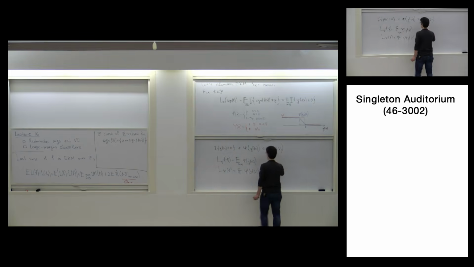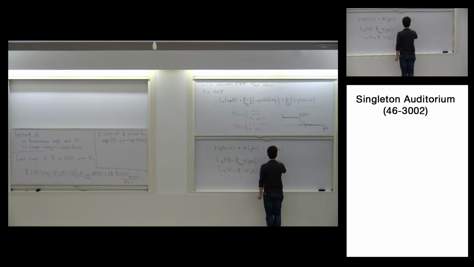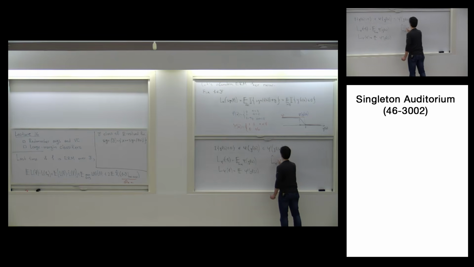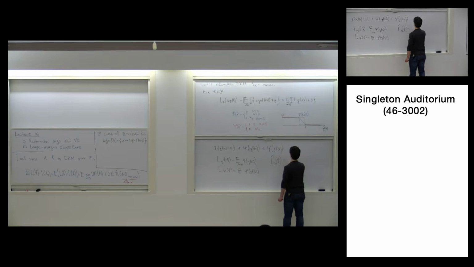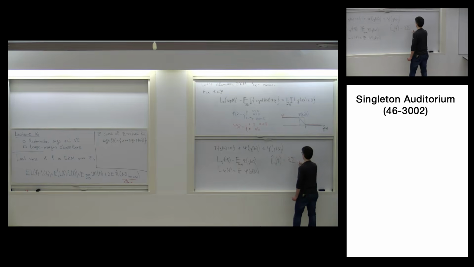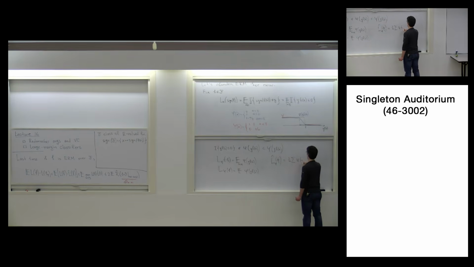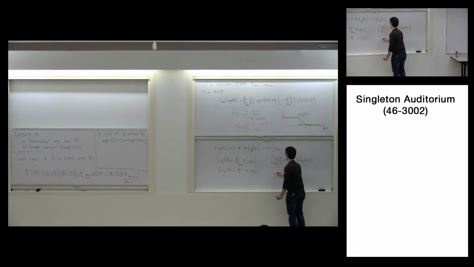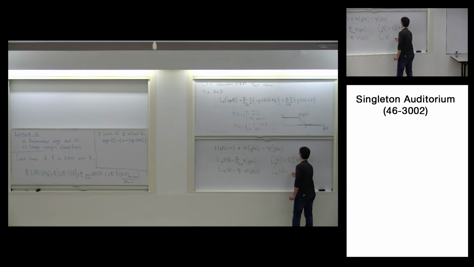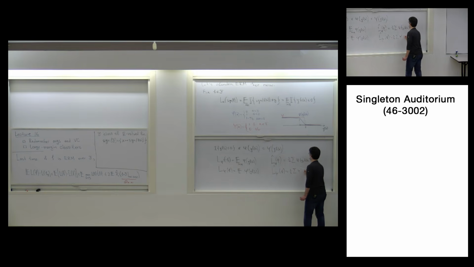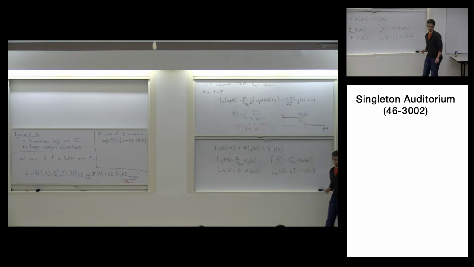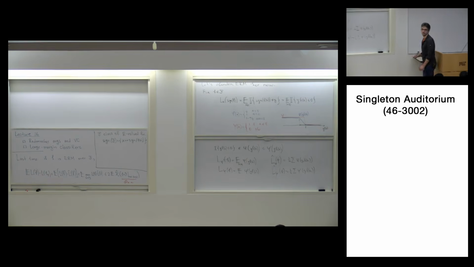I can do the same thing for the empirical version. The empirical L hat phi of f is 1 over n sum of phi of y i f of x i, and the psi version of this is 1 over n sum of psi of y i f of x i. Okay, I haven't done anything. I'm just defining a bunch of quantities.